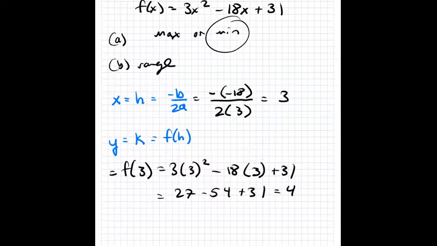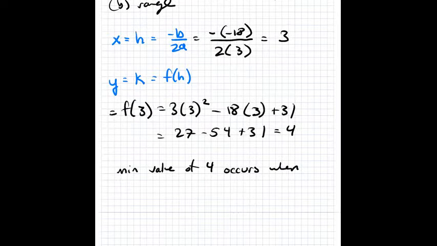So to answer the question, the minimum value of 4 occurs when x is equal to 3, right?